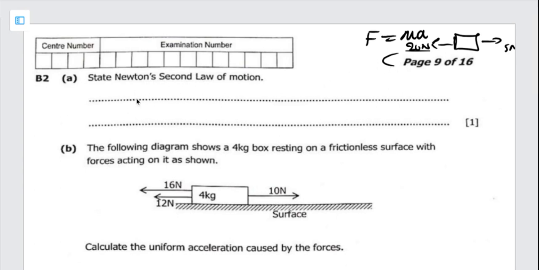In terms of Newton's third law of motion, this one focuses on: for every action there is an equal but opposite reaction. For example, when the rocket is being ejected from where it is being launched, the force is going to act downward, but the rocket will go upward.